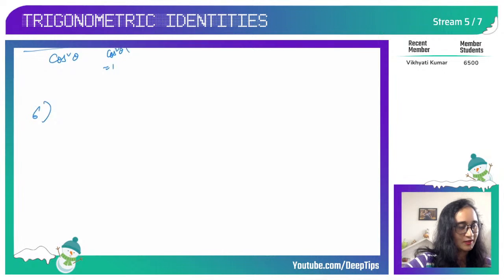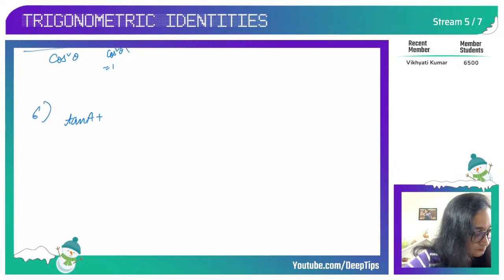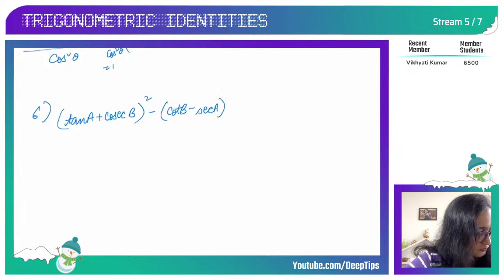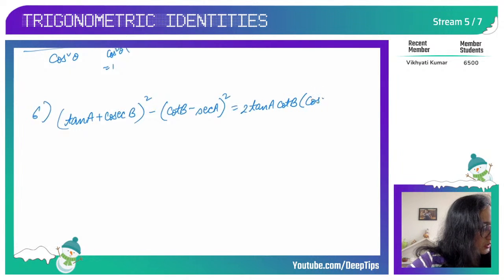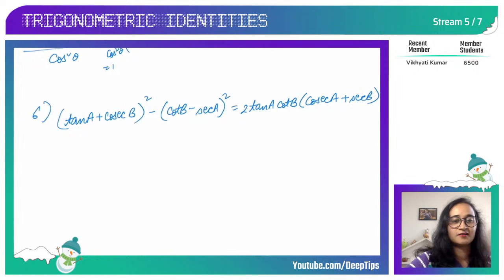Here is the question, which says (tan A plus cosecant B) whole square minus (cot B minus secant A) whole square equals 2 tan A cot B into (cosecant A plus secant B).